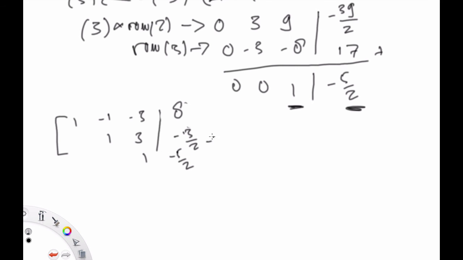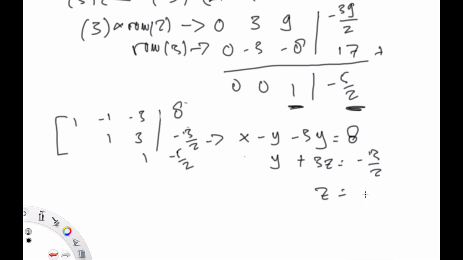Then we can move to the system of linear equations: x minus y minus 3z equals 8, y plus 3z equals minus 13 over 2, and z equals minus 5 over 2. So we obtained the value of z.